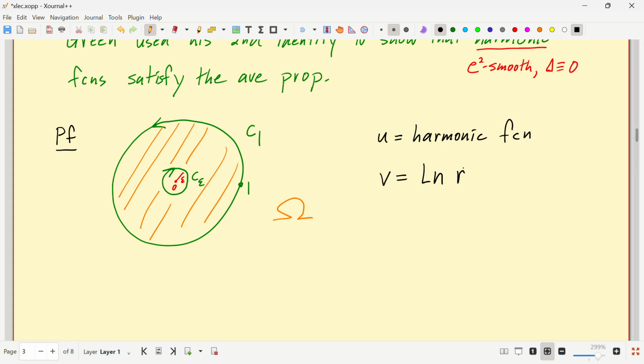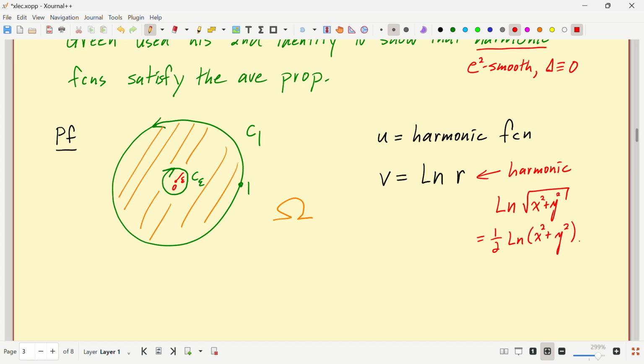You just have to check that it's harmonic. The log of 1 over r would be the natural log of the square root of x squared plus y squared, which is one half the natural log of x squared plus y squared.